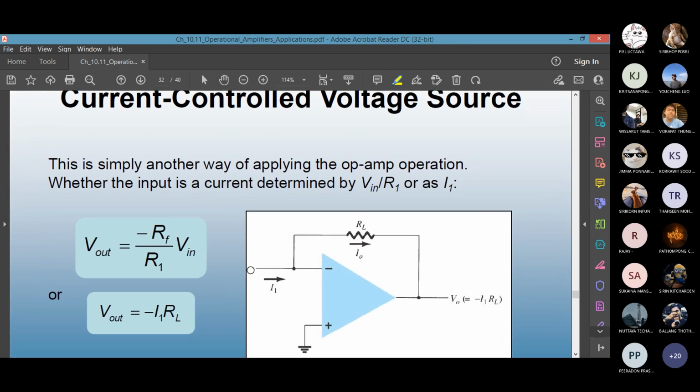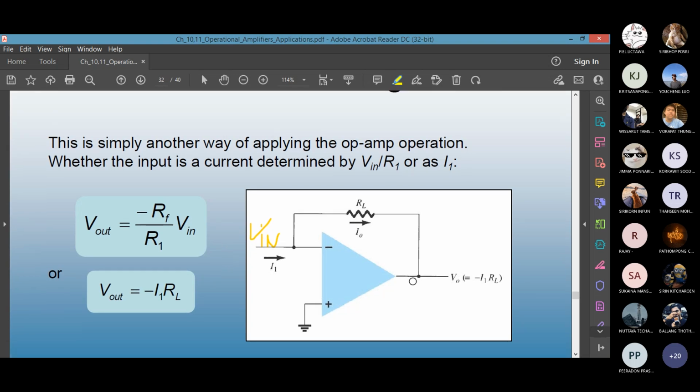The left hand side of this circuit is not shown, but we know that there is an input V in here. You cannot have current without the supply voltage. On the left hand side, there is an input voltage. We know high input impedance, input current I1 equals output current I0.